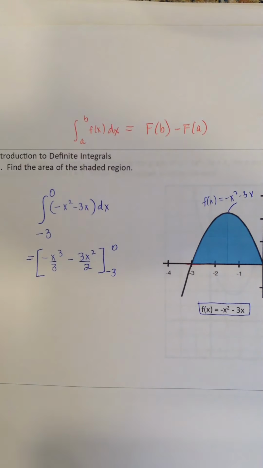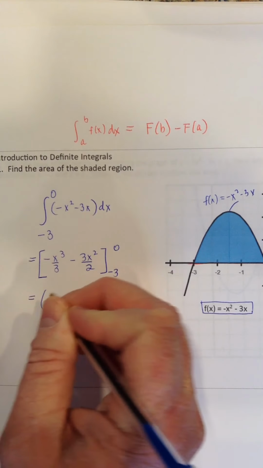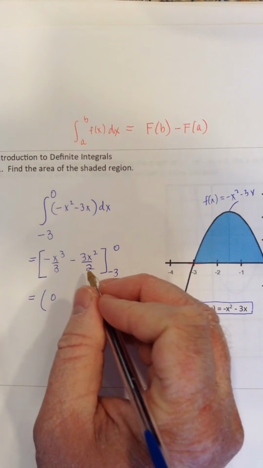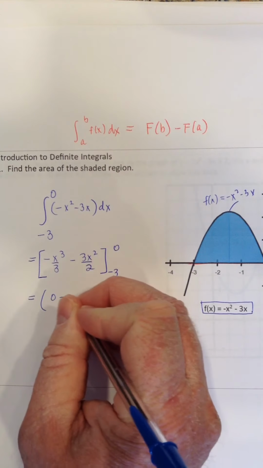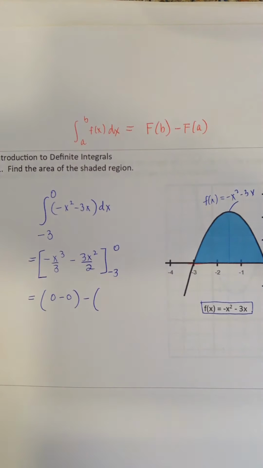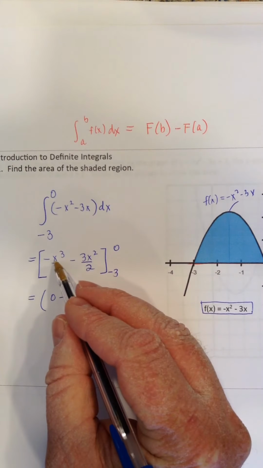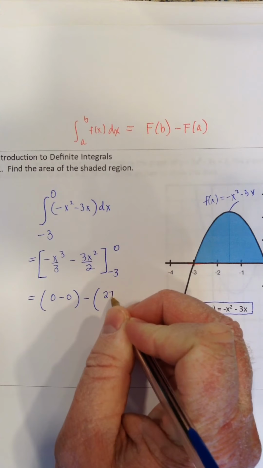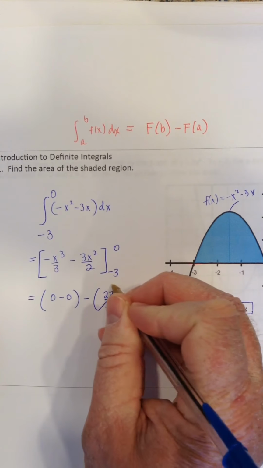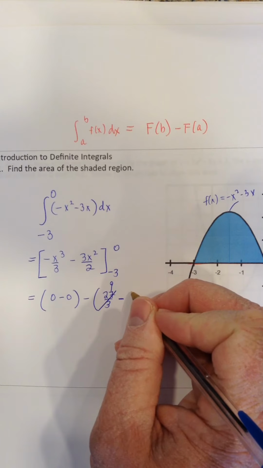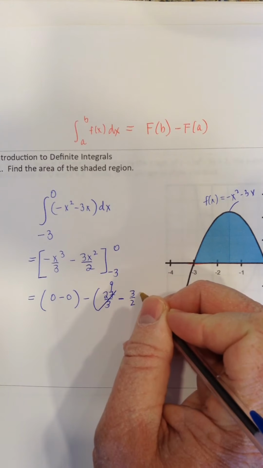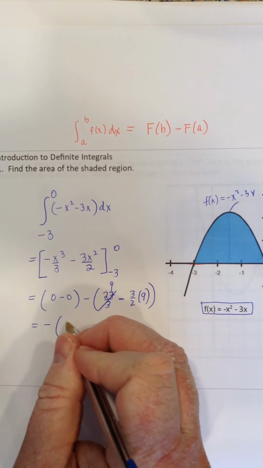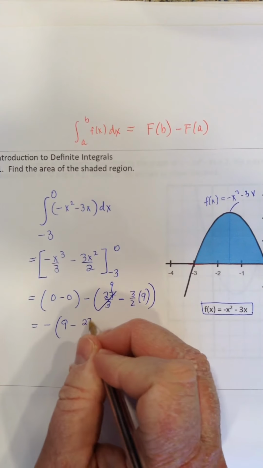Alright, now I'm going to plug in 0, so I get 0 cubed over 3, and that's 0, minus 3 halves 0 squared, which is 0, minus, now I'm going to plug in negative 3. So your negative 3 cubed is negative 27, but negative, so I get positive 27 over 3, which we know is really 9, minus 3 halves of 3 squared, so 3 halves of 9. So what I have is negative 9 minus 27 halves.